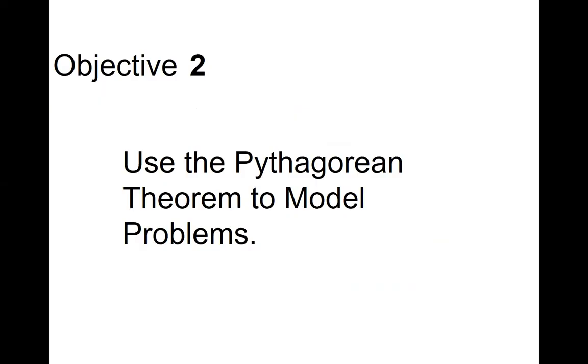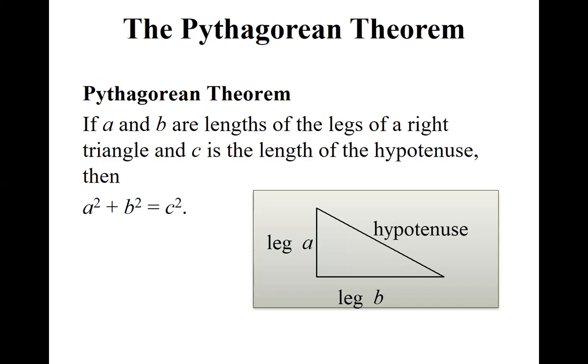Objective 2 in this topic is to use the Pythagorean theorem to model problems. To review the Pythagorean theorem, if a and b are the lengths of the legs of a right triangle and c is the length of the hypotenuse, then leg a squared plus leg b squared equals hypotenuse squared, or a squared plus b squared equals c squared.